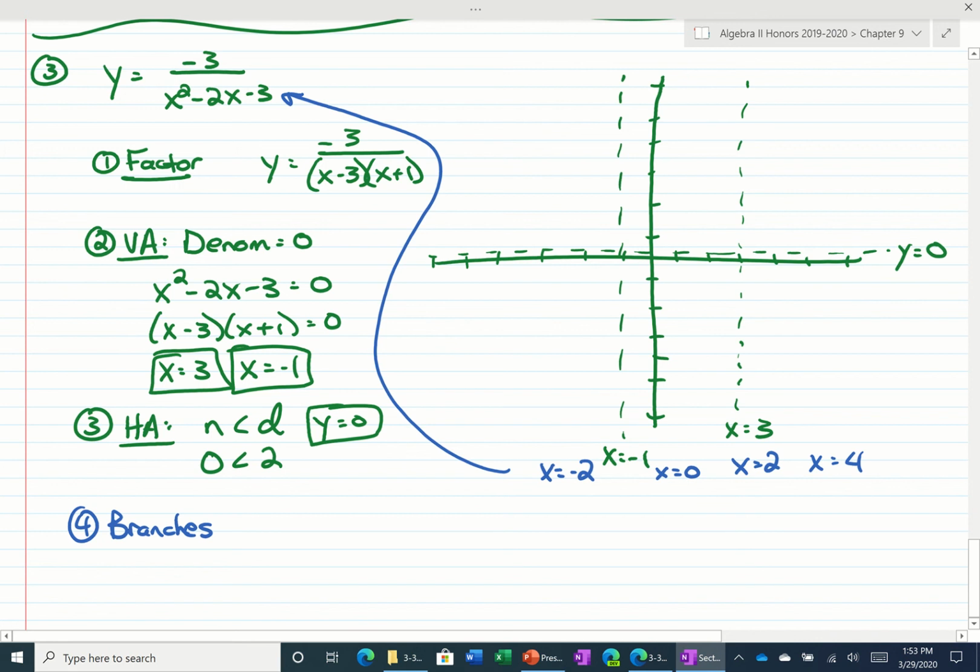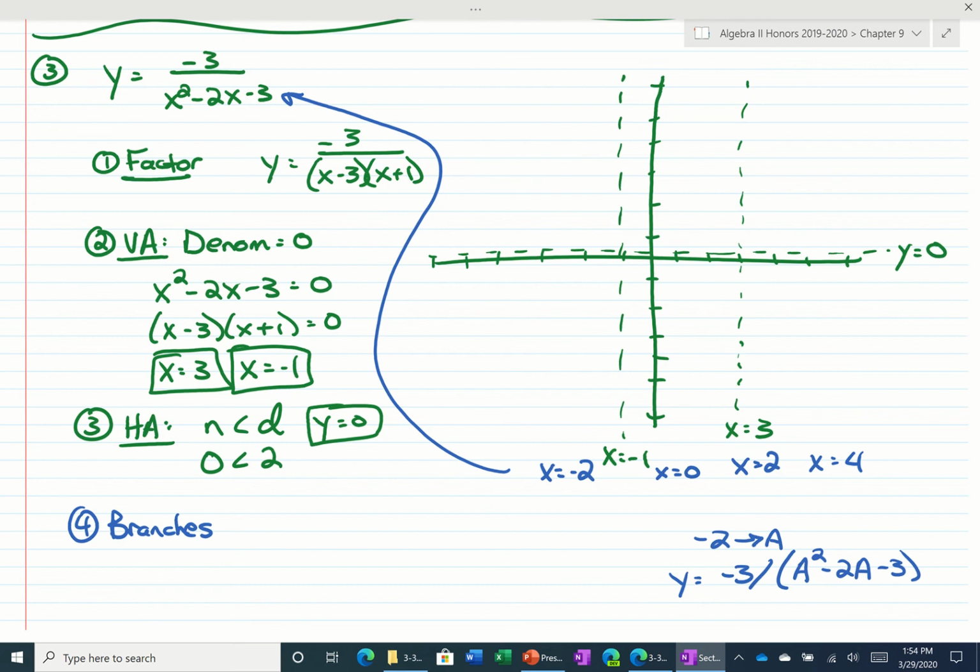Now I had taught you how to store numbers in your calculator before. So if we store -2 on my calculator, I'm going to type it in like this. I'm going to type -3 divided by parentheses a squared minus 2a minus 3. And I'm going to store -2 in for a and see what it gives me. Now you don't have to store, but that's a faster way that I usually do.